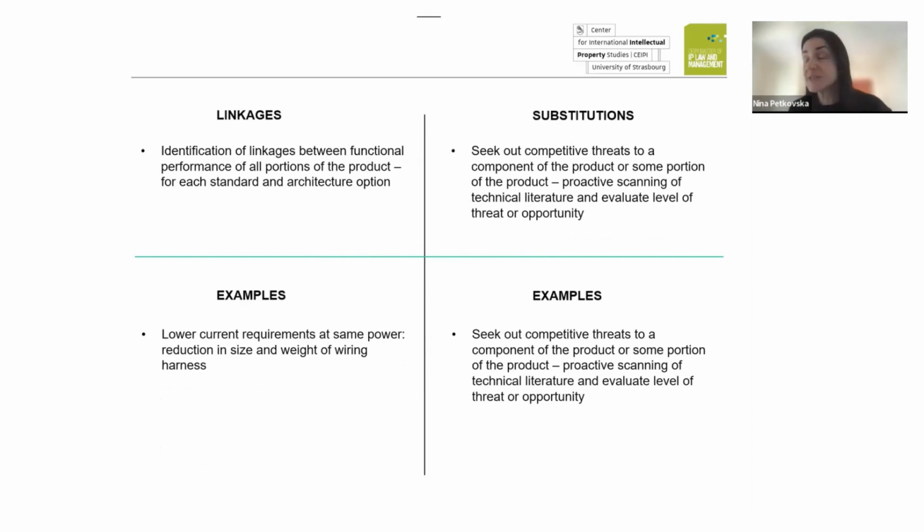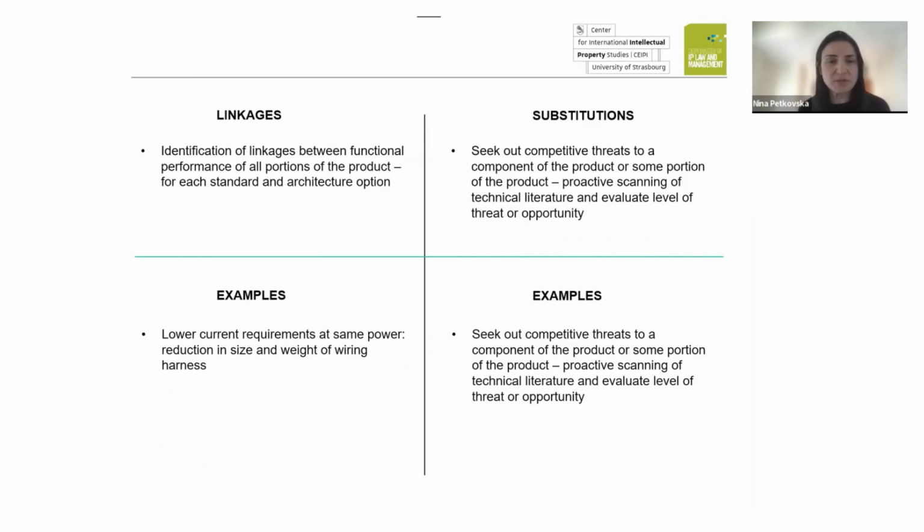For the linkages, to identify the linkages between functional performance of all portions of the product. For example, we took lower current requirements at the same power, and reduction in size and weight of wiring harness.